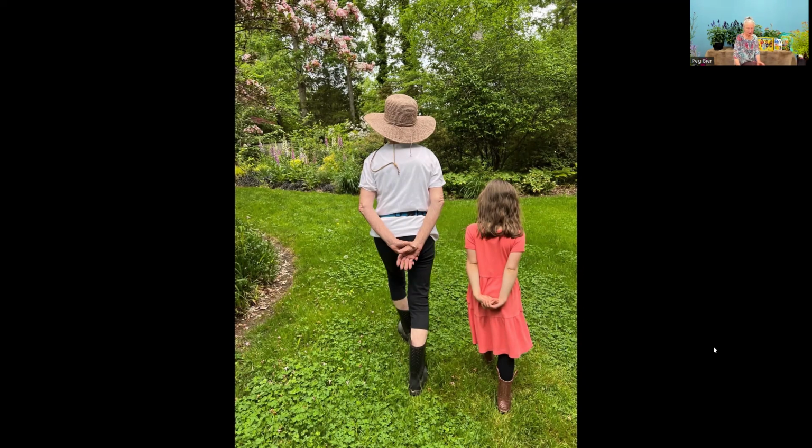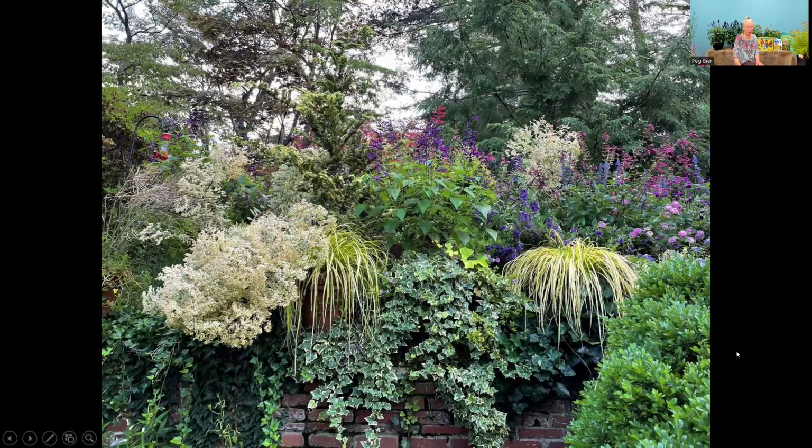And the next slide is actually containers, and the containers are above a retaining wall and are in front of my front porch that I love to sit in the rocking chair periodically. And yes, I do sit down in the garden. I try to enjoy and, yes, try to smell roses.